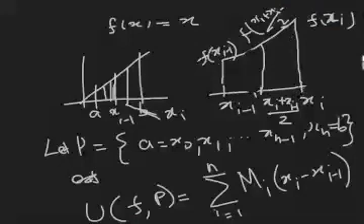So basically this is your capital M sub i, and this is your small m sub i.